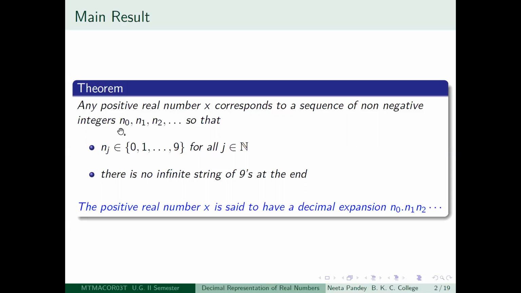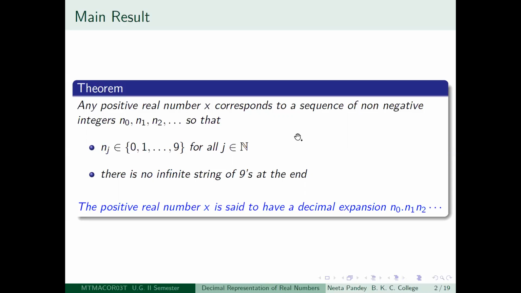Also, this sequence will not have an infinite string of nines at the end. That means you will not get some nk such that from nk plus 1 onwards, all the nj's are equal to 9. This is what we will not get.